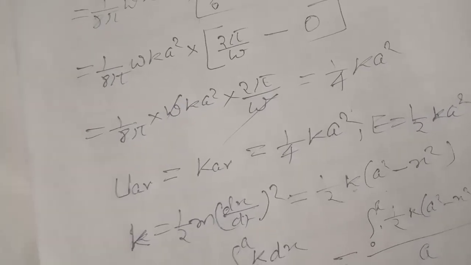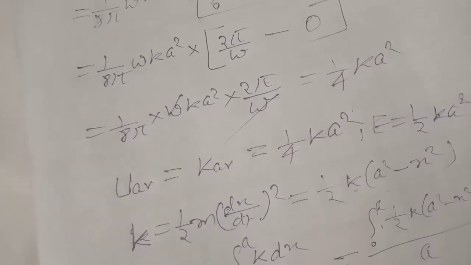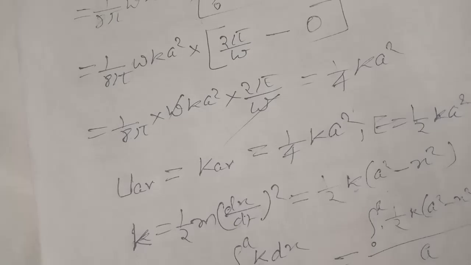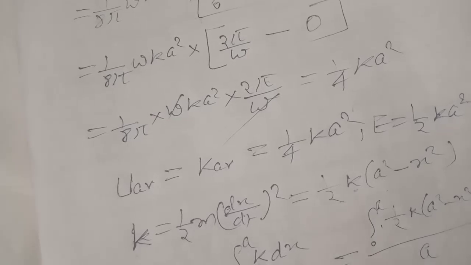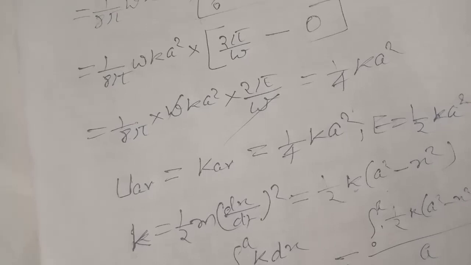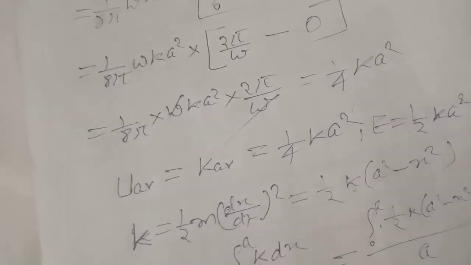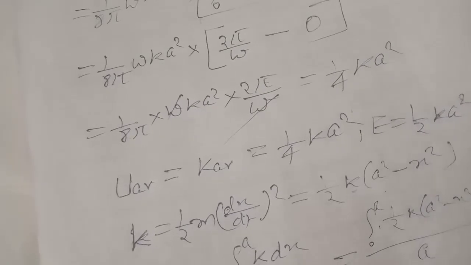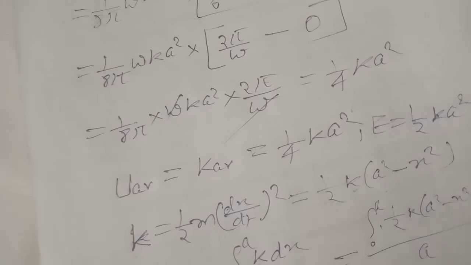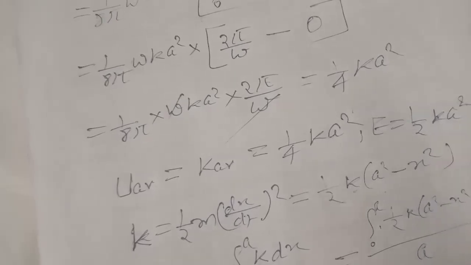We have 1/2 k times 1/a times the integration from 0 to a of a² dx minus the integration from 0 to a of x² dx.